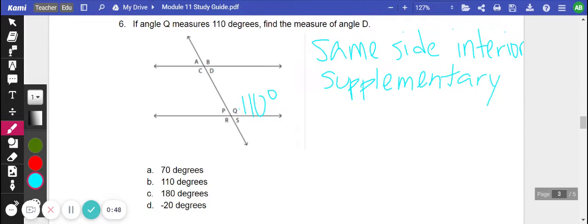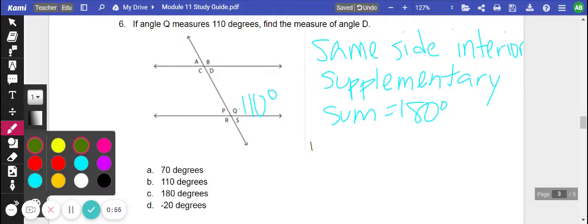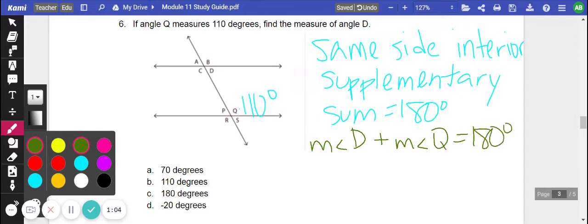That means their sum is equal to 180 degrees. So we'll say the measure of angle D plus the measure of angle Q equals 180 degrees. Well, the measure of angle D is what we're trying to find, plus 110 degrees, because that's what it tells us, equals 180 degrees.